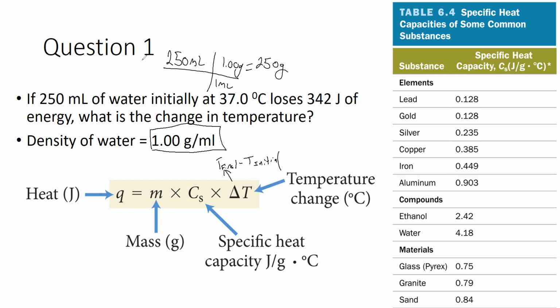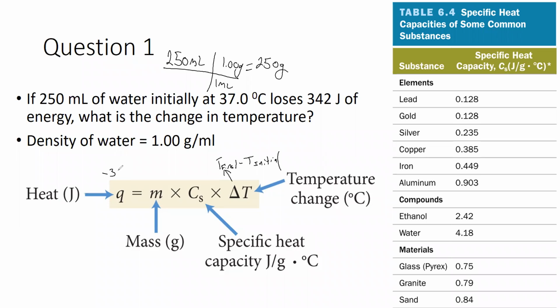So let's take a look at this. Like I said, we want to start defining our variables. So Q, heat. I lose 342 joules of energy, right? So that's going to be my heat. We're doing heat work here because we're talking about change in temperatures. So if I'm losing heat, that means it's leaving me.